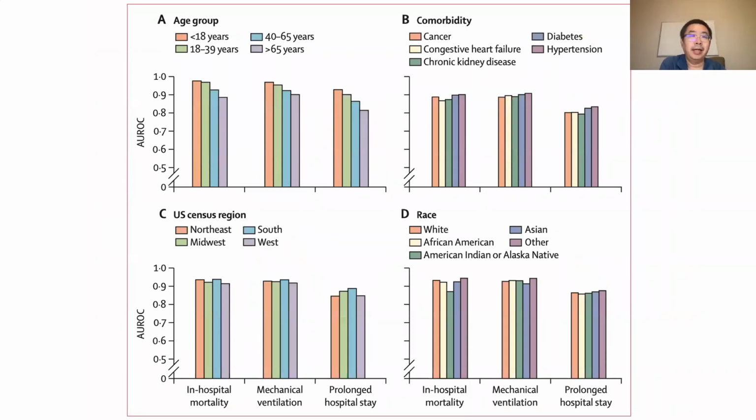And in terms of age group, we see the prediction is better for younger age, and depends on comorbidity, but more or less not too much different, and it's similar across US census regions and race as well. For some races, we have limited data, which makes it less reliable.